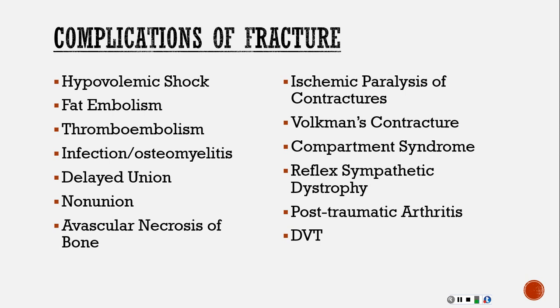You'll commonly see petechiae, also a macular measles-like rash. These are still signs of fat embolism. And this rash is going to occur over the neck, the upper arms, the chest, and the abdomen.